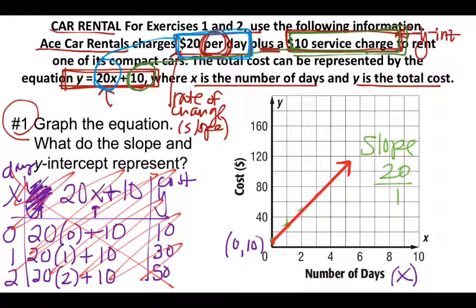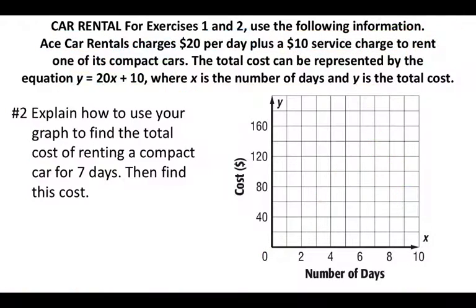Let's look at number 2. Let me get my graph back up. So we had $0, $10. After 1 day, it cost us $30. 2 days, it's $50. Number 2 says, explain how to use your graph to find the total cost of renting a compact car for 7 days. Then find this cost.